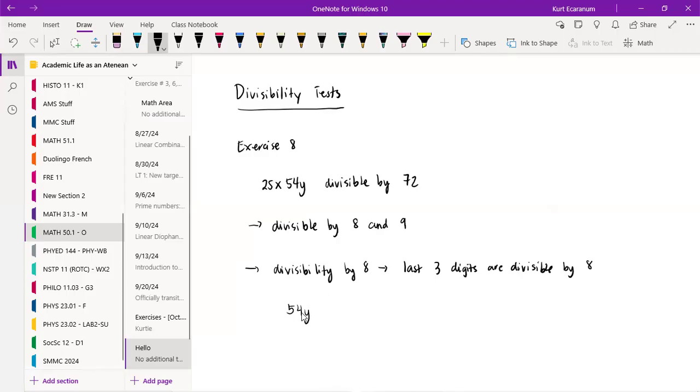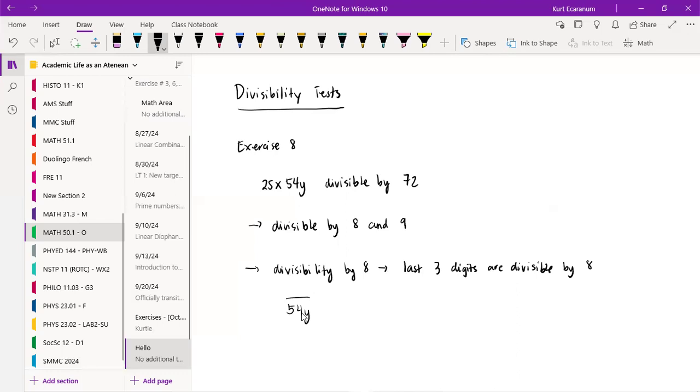Ayan. Suppose yan yung block of number natin. And we can actually write a vinculum, so that I can distinguish it na it's digits.